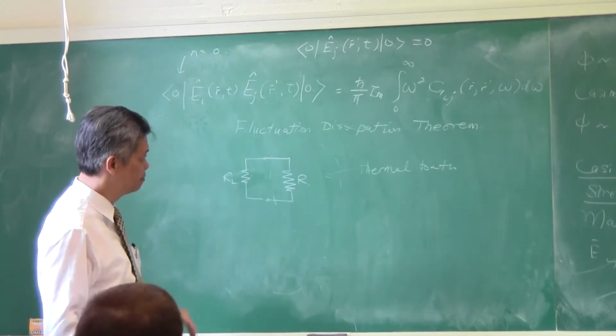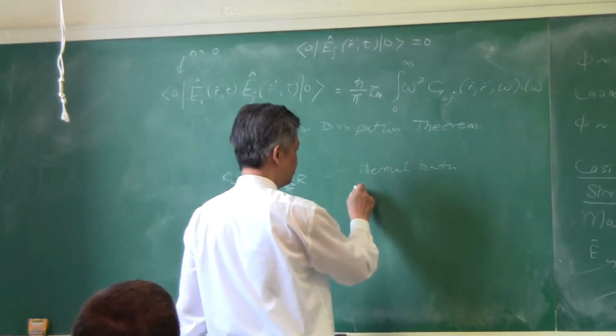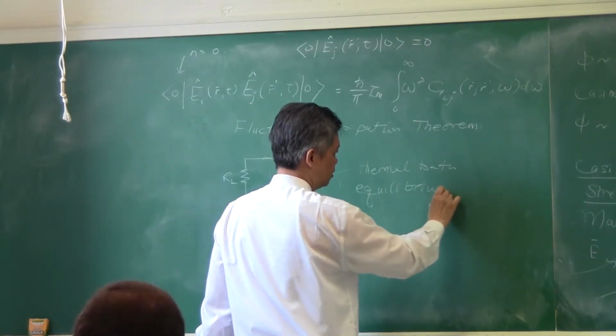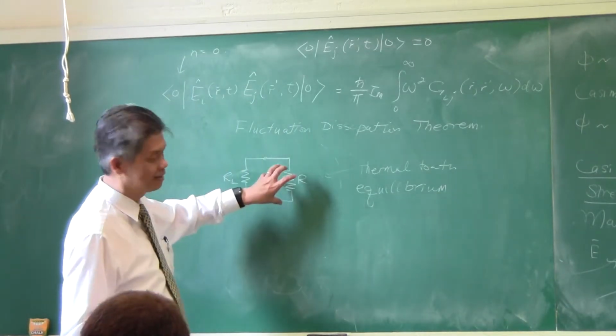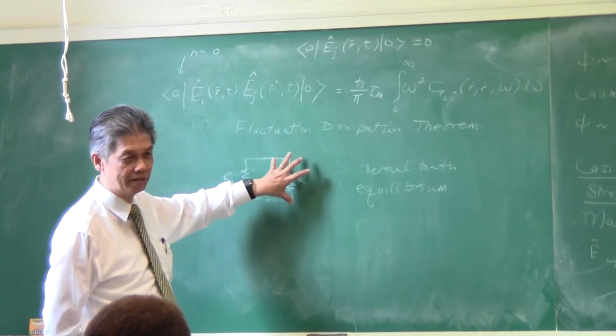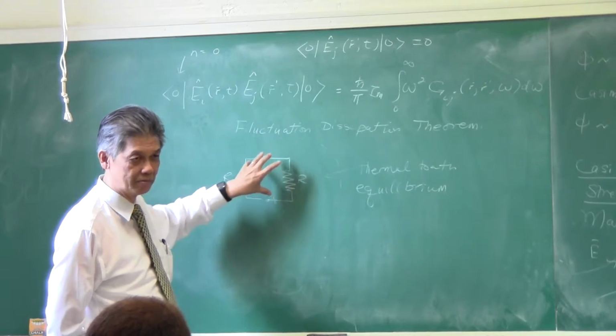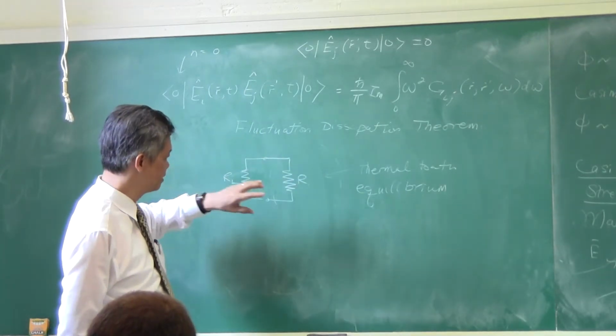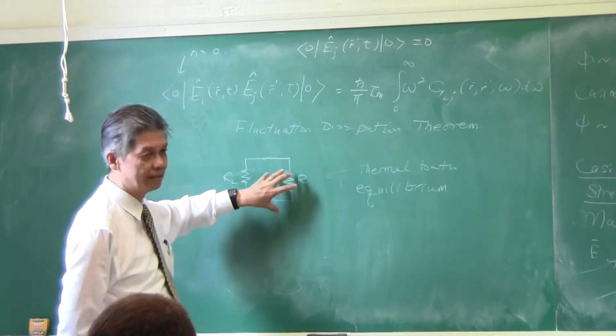And if it's in thermal equilibrium, what happens is that this resistor has to give up as much energy to the environment as it is absorbing from the environment. So it's very much like the black body radiation thing that we studied.